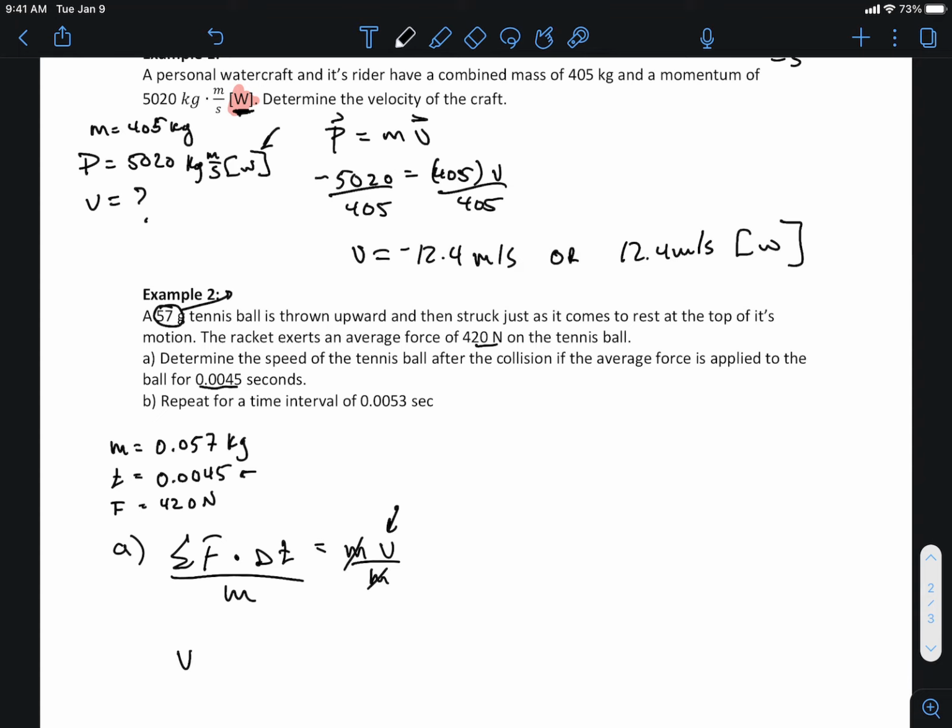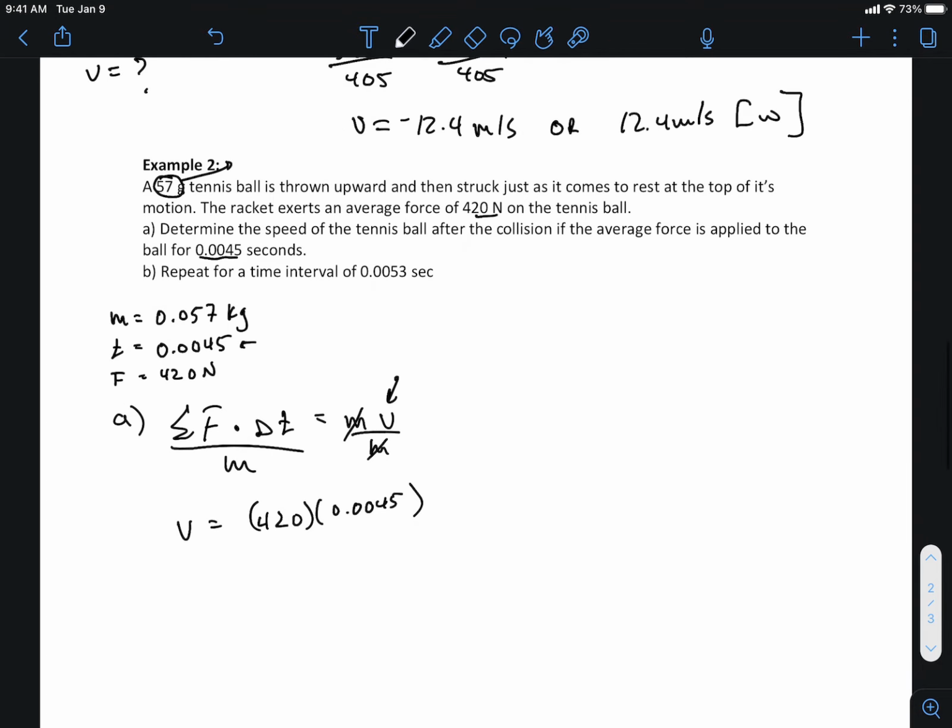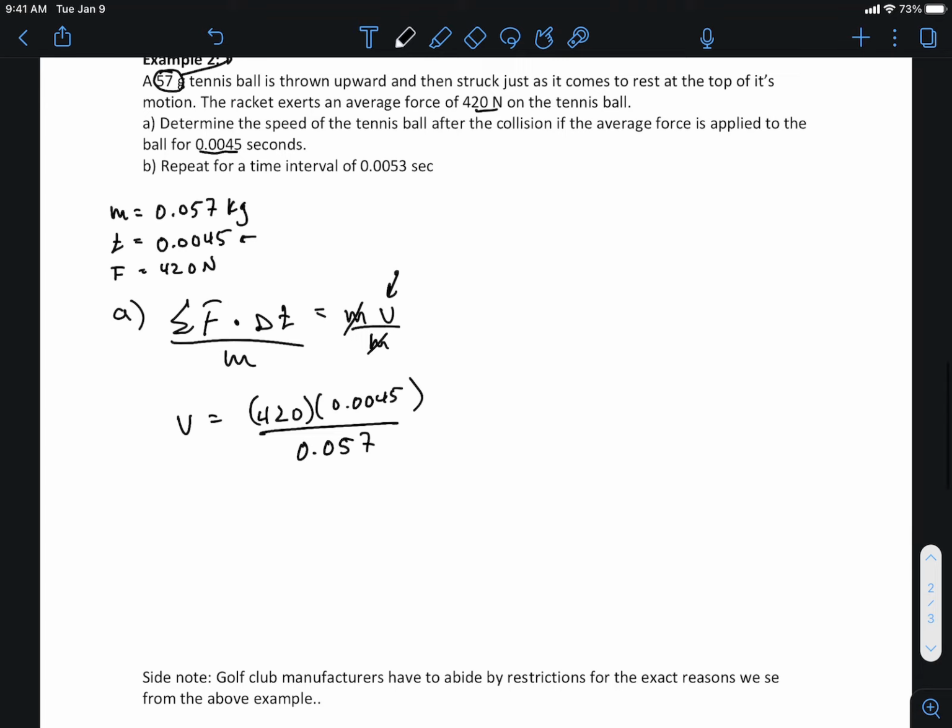And so the velocity is going to equal 420 multiplied by the time, divided by the mass. Sorry, I'll stop using the word velocity. We're looking for speed here. The speed of the tennis ball when it leaves the racket will be 33.2 meters per second.